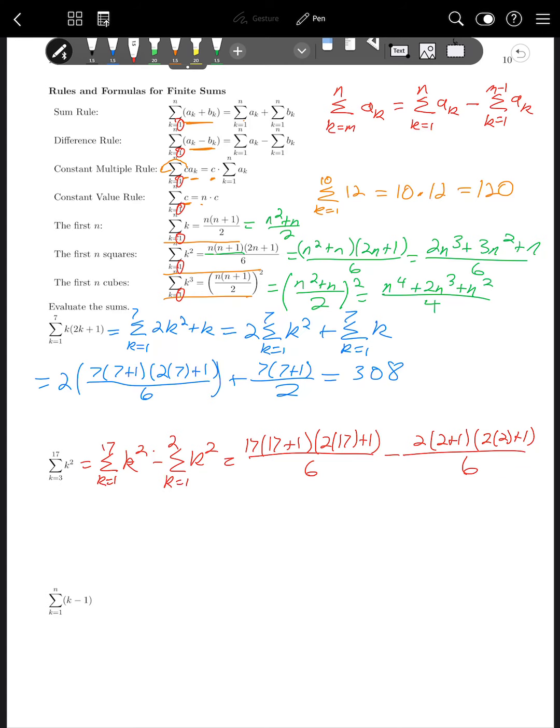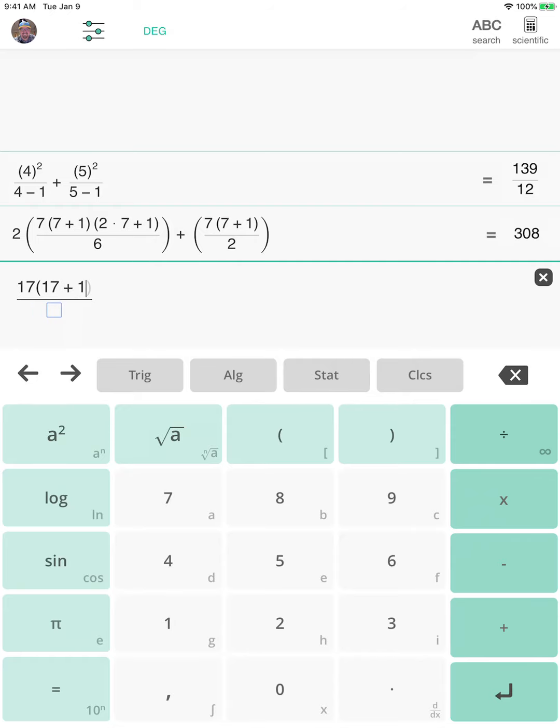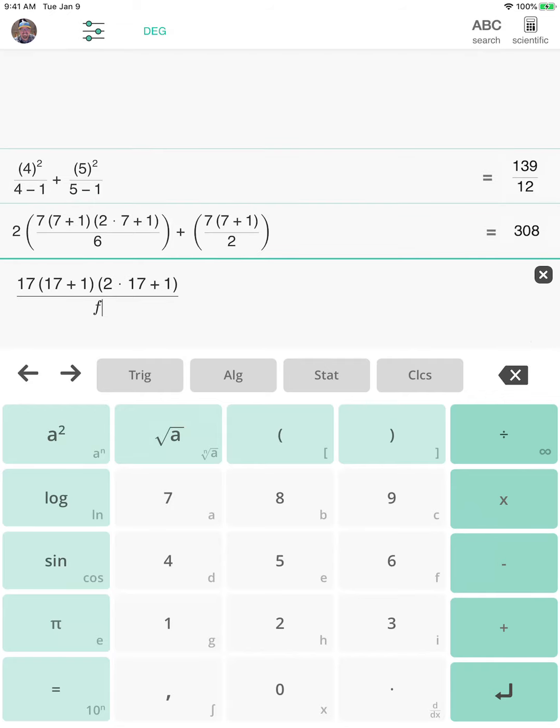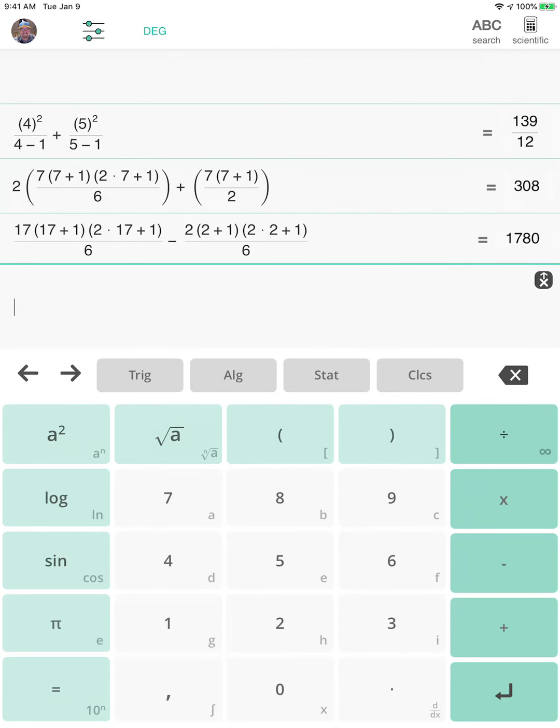Okay, and so now we can put that into our calculator to simplify. When we do that, we get 1,780.